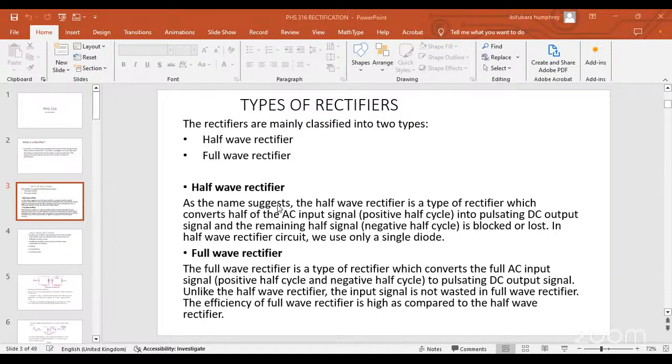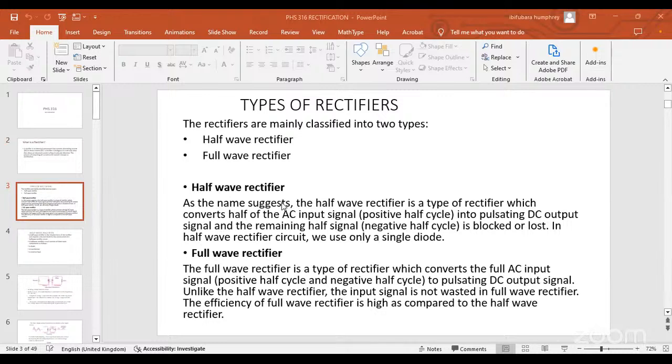As the name implies, the half-wave rectifier is a type of rectifier which converts half of the AC input signal into a pulsating DC output signal. The remaining half signal, which is the negative signal, is blocked in that phase.